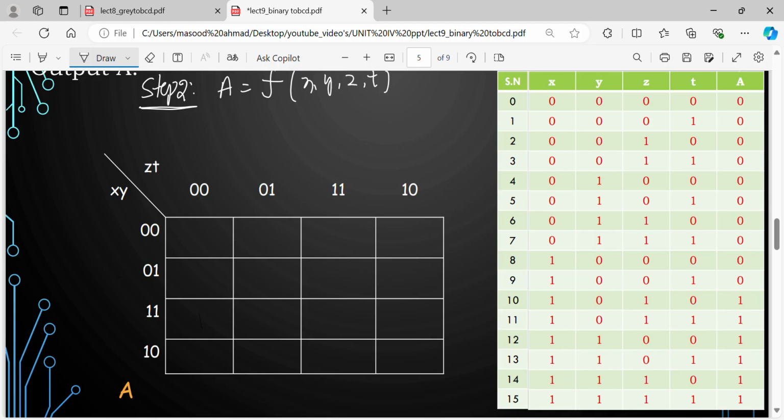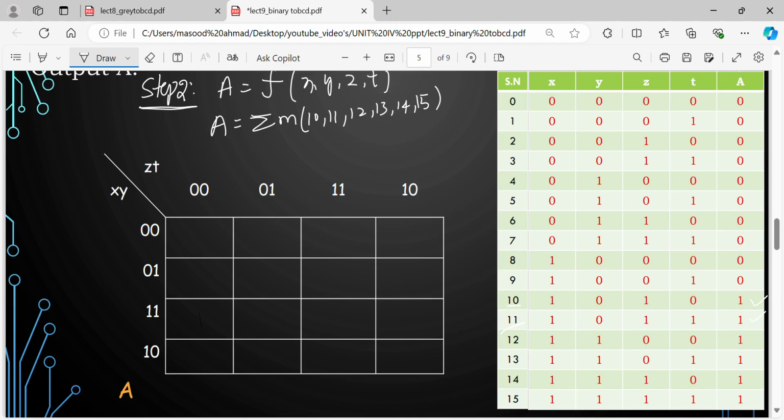Next, what do I want? A in terms of minterms. Which minterms are there for which it is 1? For 10 it is 1, right? For 11 it is 1. For 12, 13, 14 and 15. So can I write it as the sum of minterms 10, 11, 12, 13, 14 and 15. Are there any don't care terms? No don't care terms.